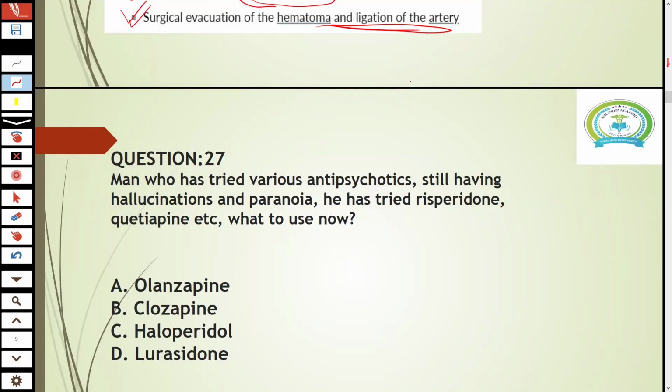So what's your diagnosis here? Still my voice is not clear. So what's your diagnosis?